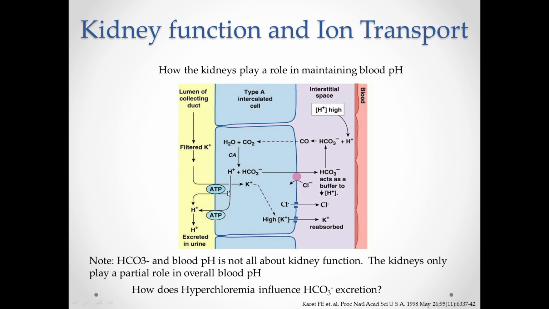Now, because the charge distribution across the membrane has to be equal, and hydrogen carries a positive charge, potassium is taken into the intercalated cell, again to maintain the charge distribution in the cell. Subsequently, potassium is reabsorbed into the blood, and bicarb is excreted from this intercalated cell, transported across the membrane, again counter-transported by chloride to maintain the charge distribution in the cell.